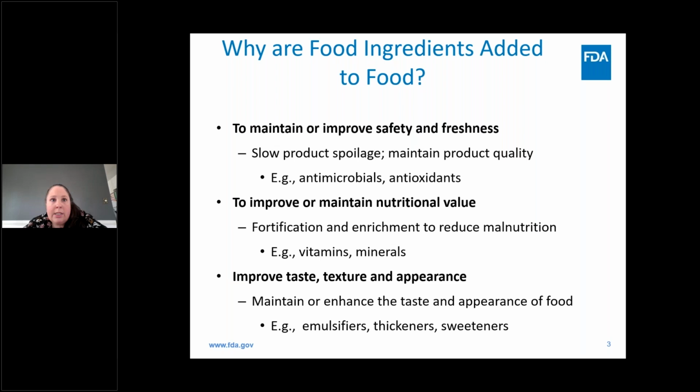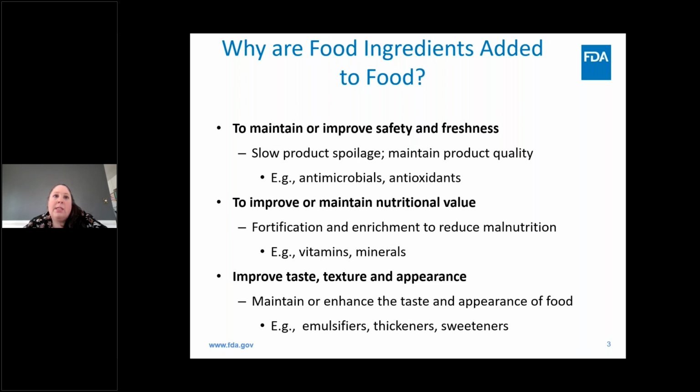A second reason is to help improve or maintain nutritional value. Vitamins and minerals can be added to many foods to make up for those that are lacking in a person's diet or that would otherwise be lost in the processing steps. This fortification and enrichment has helped to reduce malnutrition throughout the US and worldwide.